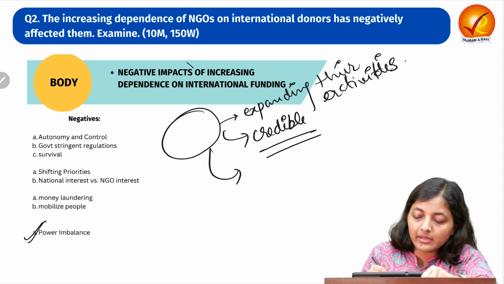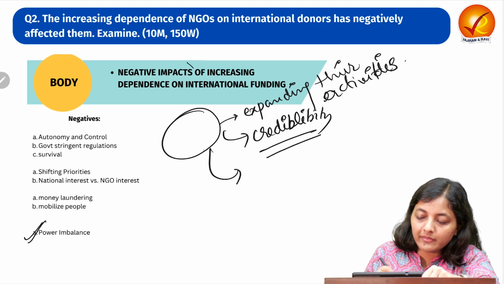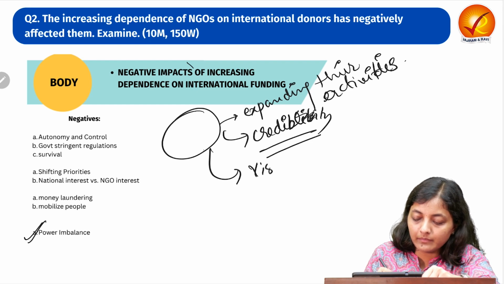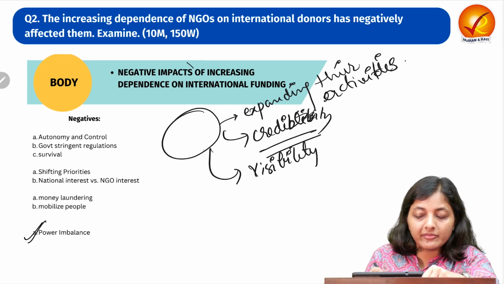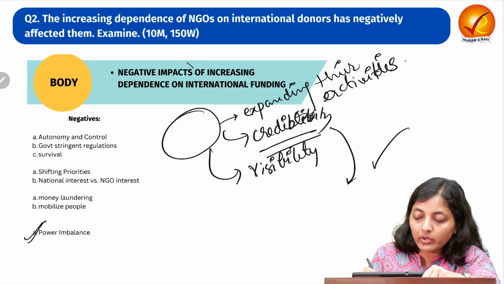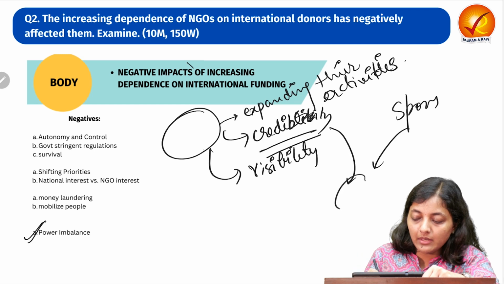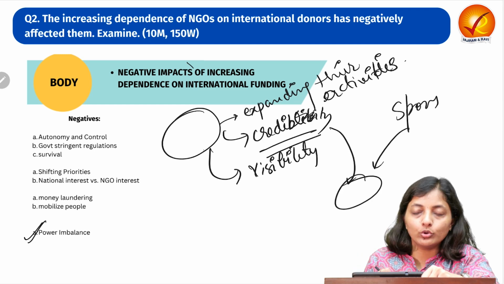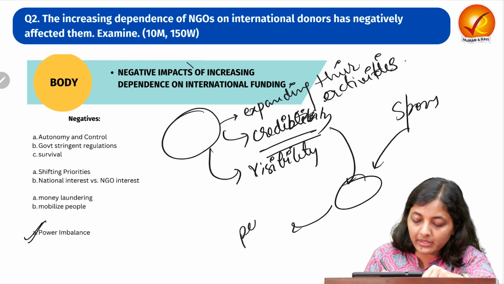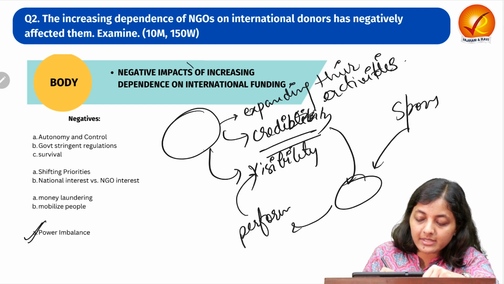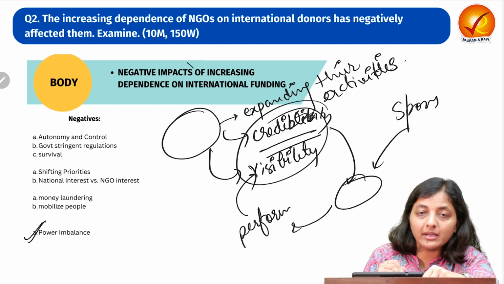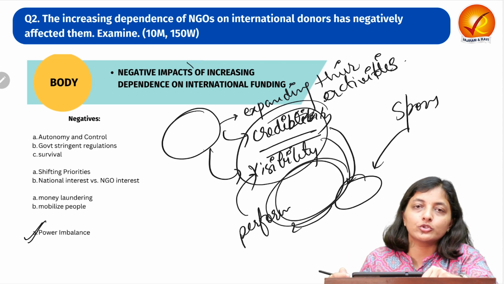They have credibility and visibility. This creates a new cycle. If they are visible or credible, more and more sponsors come in to fund the activities of those NGOs. They can perform better. They can raise more funds. They will be more credible and more visible. So this cycle goes on.